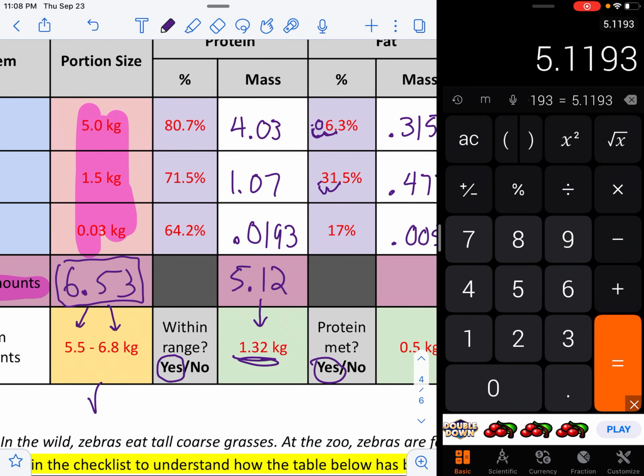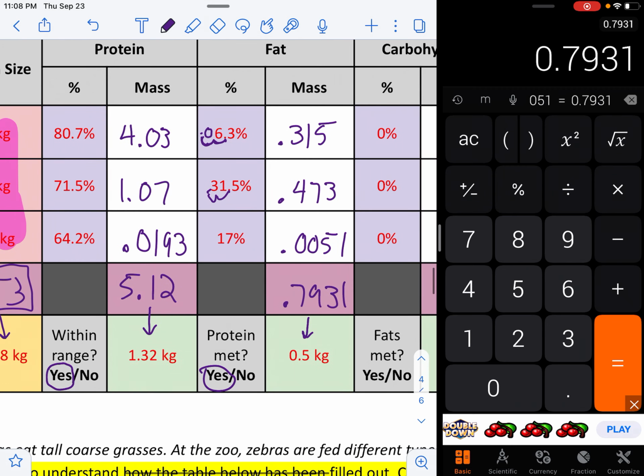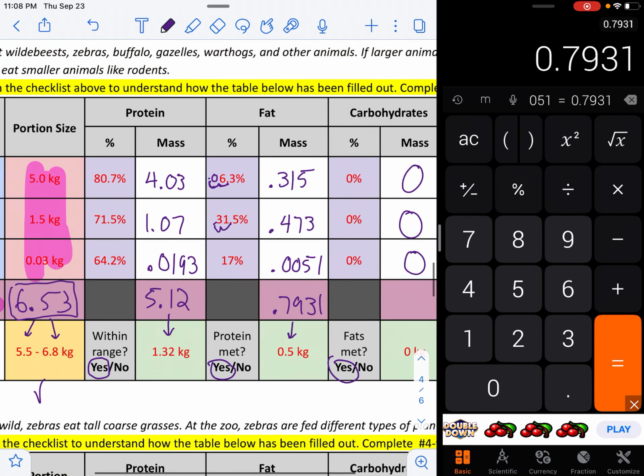But for this number, it just has to be greater than the minimum requirement, which it is by far. We look at fat. We add up the fat amounts, so 0.315 plus 0.473 plus 0.0051. And I get 0.7931. Is it greater than the minimum requirement? Yes, it is.